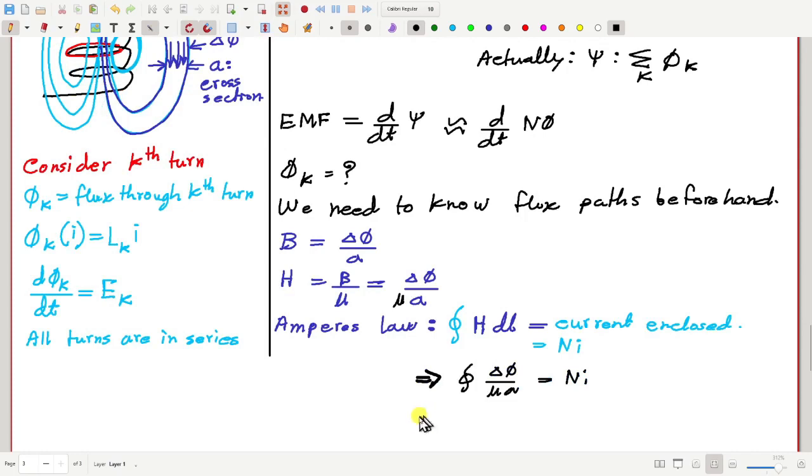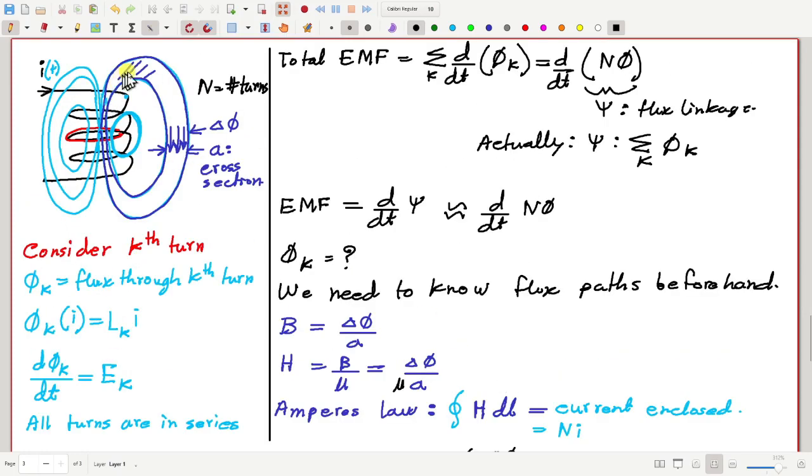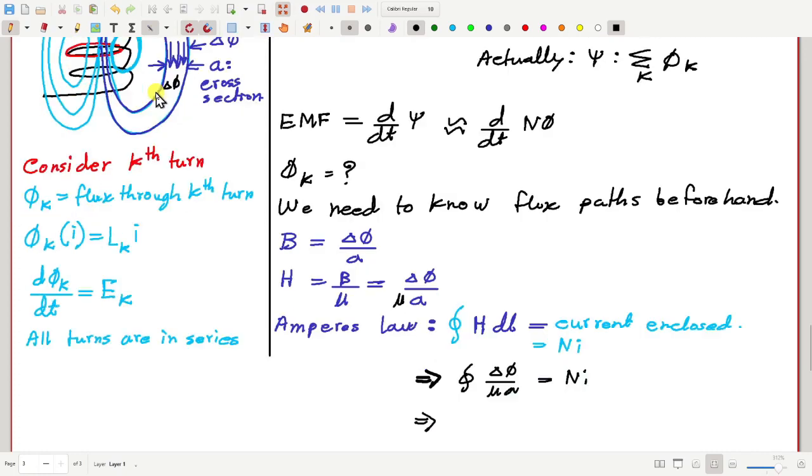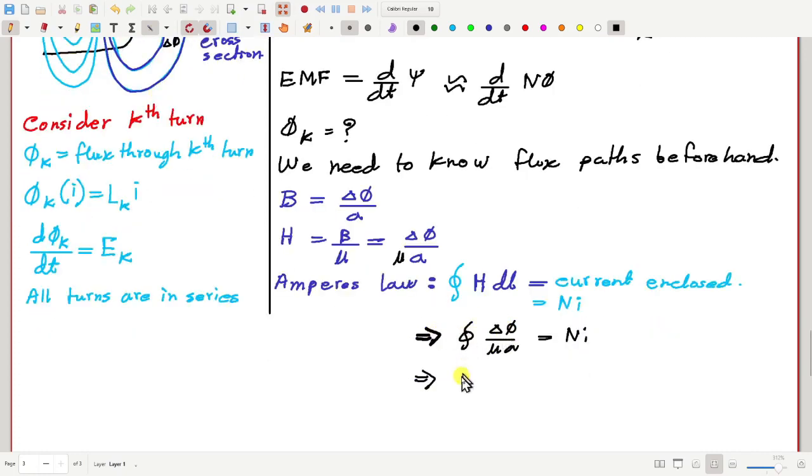And delta phi is constant because we are considering only the interior part of this tube, and throughout this tube the flux is constant, delta phi everywhere. The same flux goes everywhere inside this tube. So I can write this delta phi outside this integration.